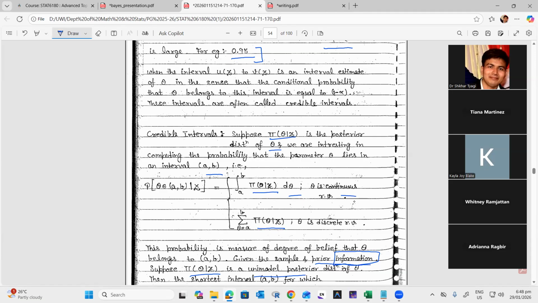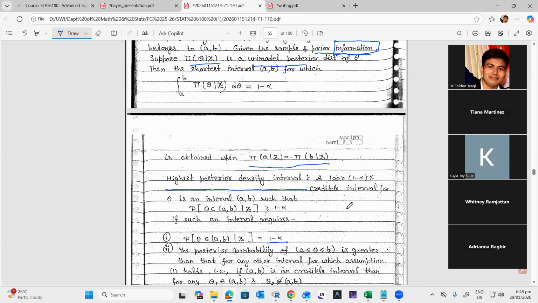For the posterior distribution, you integrate the posterior density function over the range A to B, and then you find the values of A and B. Those values of A and B will be called the credible interval, or the interval estimation of the parameter theta. But it is not necessarily the highest posterior density interval.